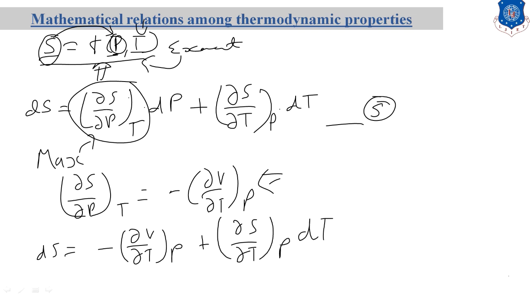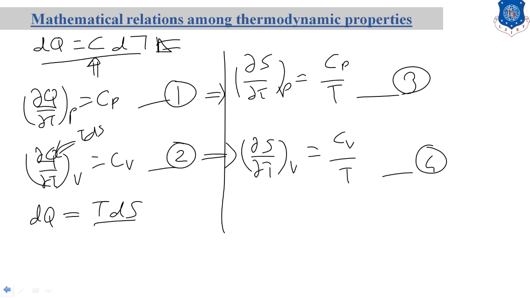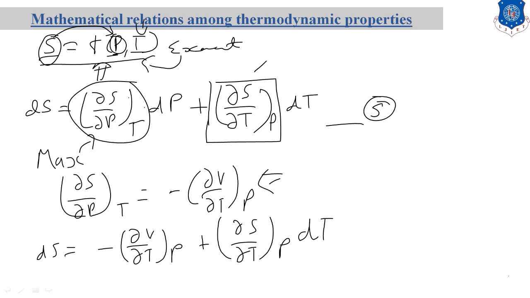Now we replace this term using equation number 3, where (∂S/∂T) at constant pressure = Cp/T.